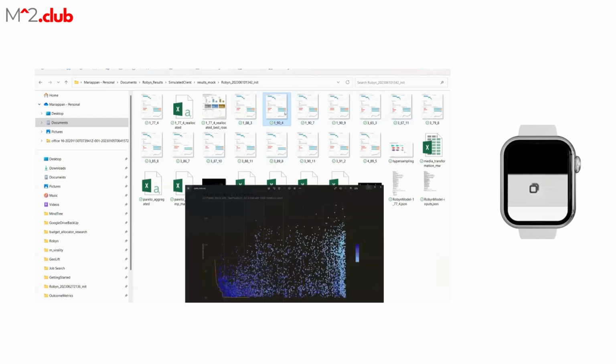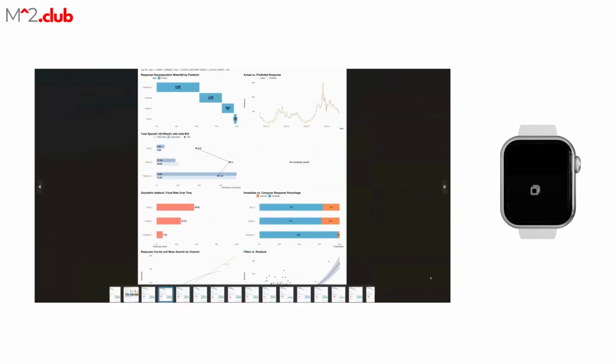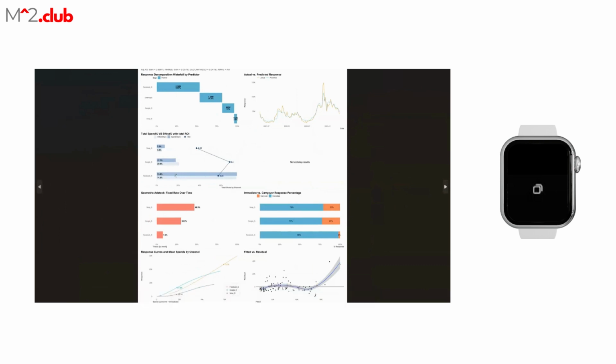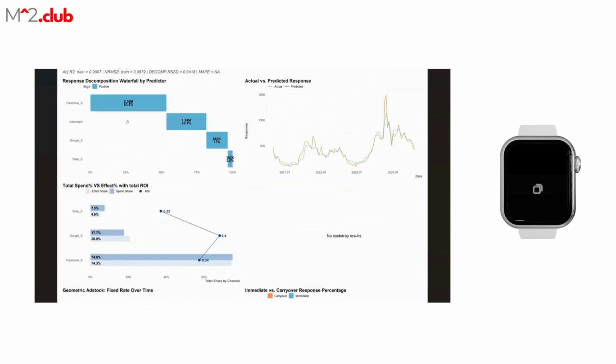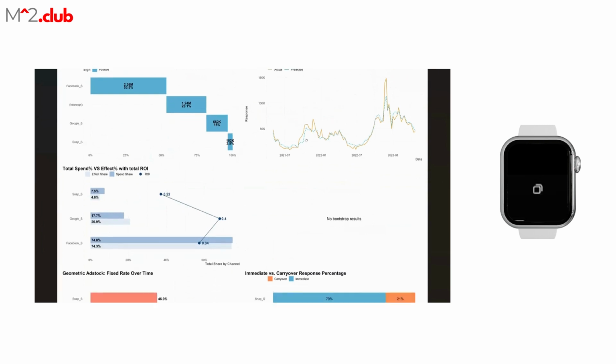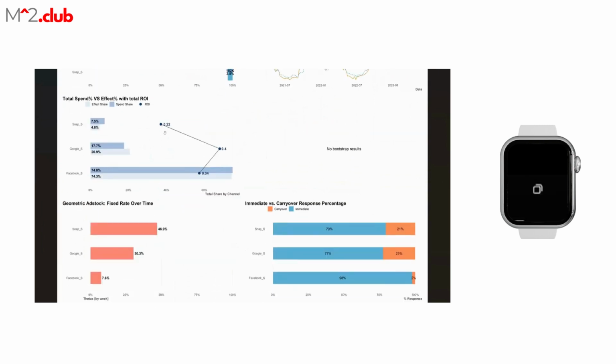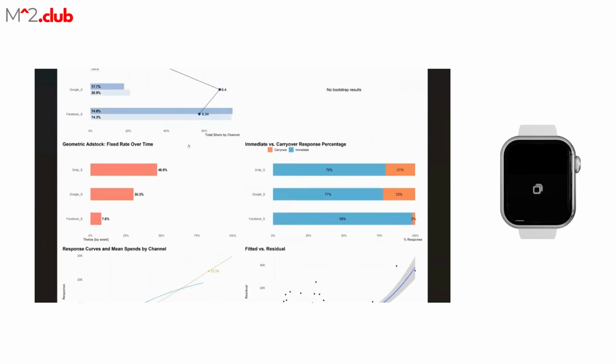Let's look at one of the solutions. In this solution, apart from having contribution and prediction plots, we also have the ROI information, and this is the adstock information that we can get from here. So it has about 46.9% retention rate here.